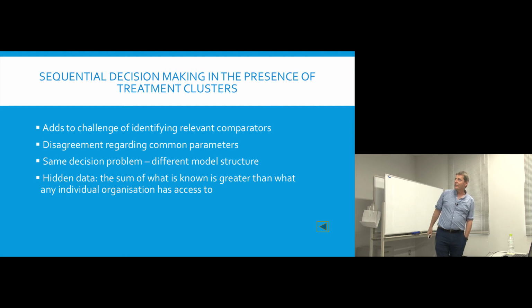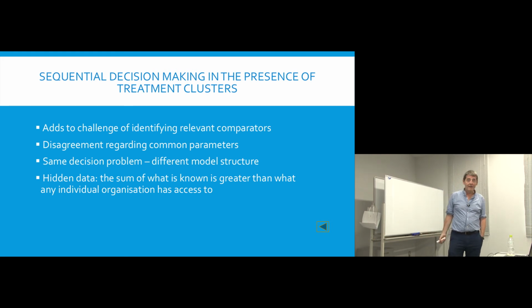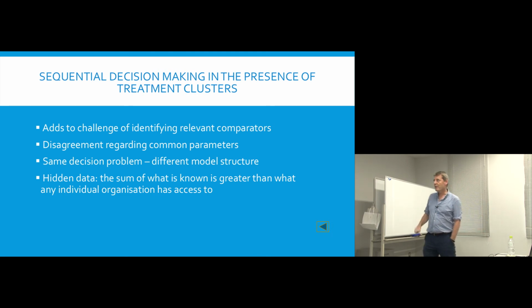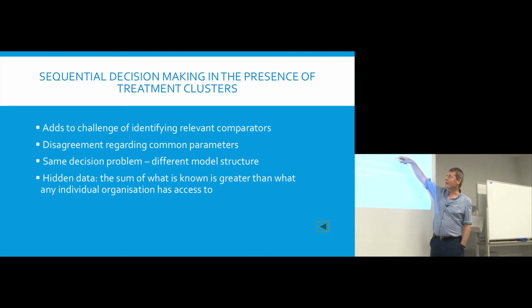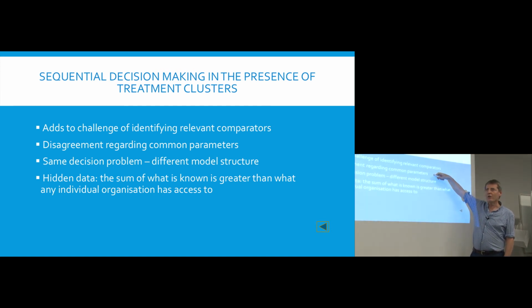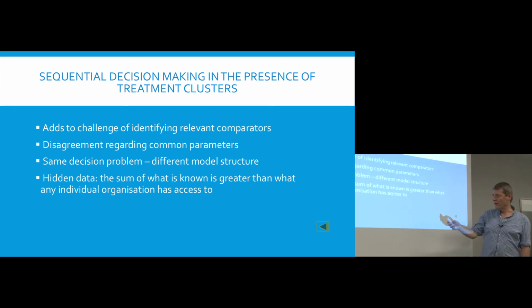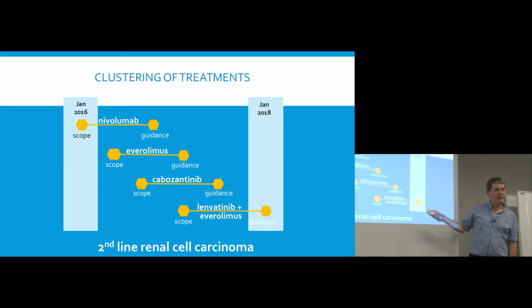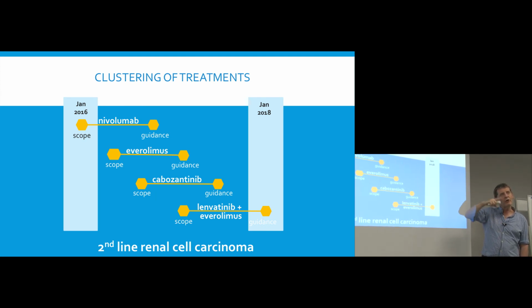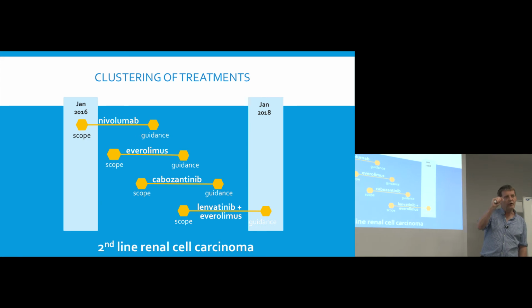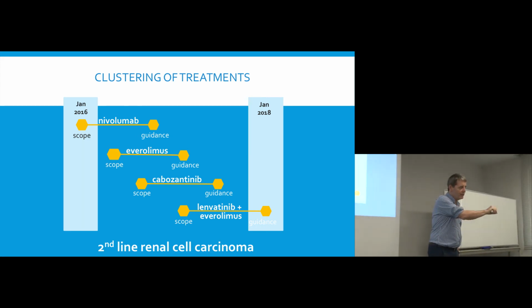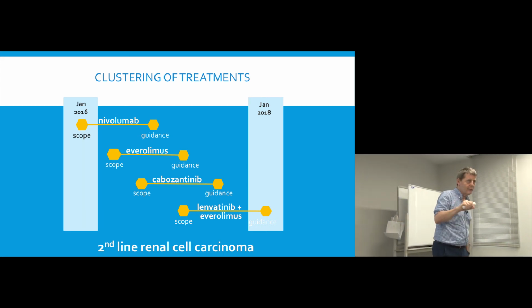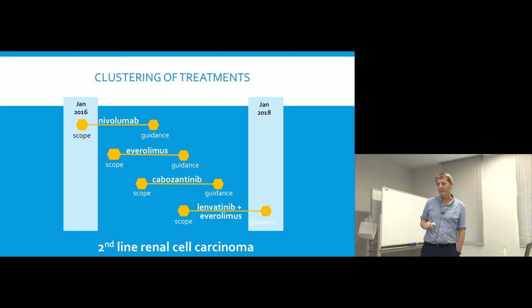So this sort of sequential decision making in the presence of a treatment cluster is quite difficult. There's an issue around what you compare to. Another problem is disagreement regarding common comparators. So these appraisals will each have had to make some assumption about how we're going to model survival. They'll have all had to make assumptions about what score we attach to stable disease health state, and what score we attach to progressed disease.